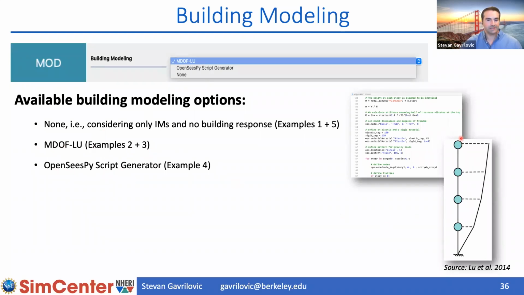MDOF-LU creates a little MDOF stick model in OpenSees, and in examples 2 and 3, you will find where that's used. And the OpenSeesPy script generator does something similar, but it does so through an OpenSeesPy script that you as a user can manually modify yourself. And this is highlighted in example 4. When I show the demo after this presentation, I will go over this script file to show you how you can do something similar yourself and use it as a starting template.